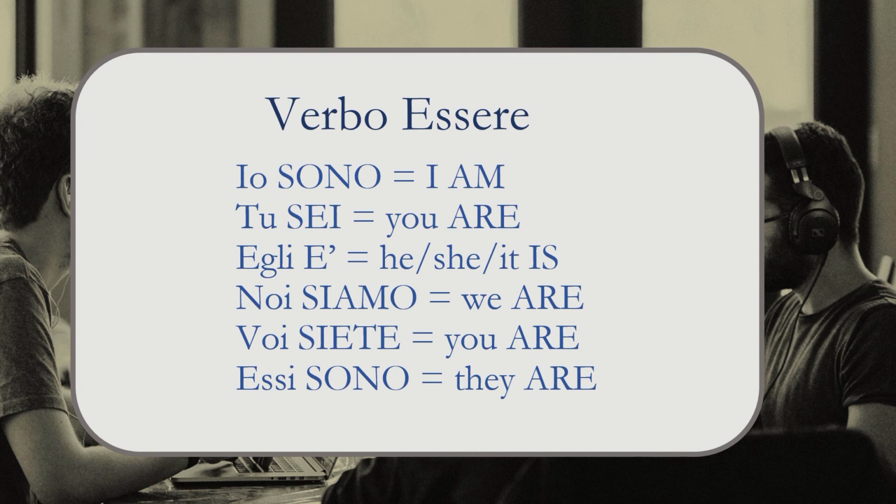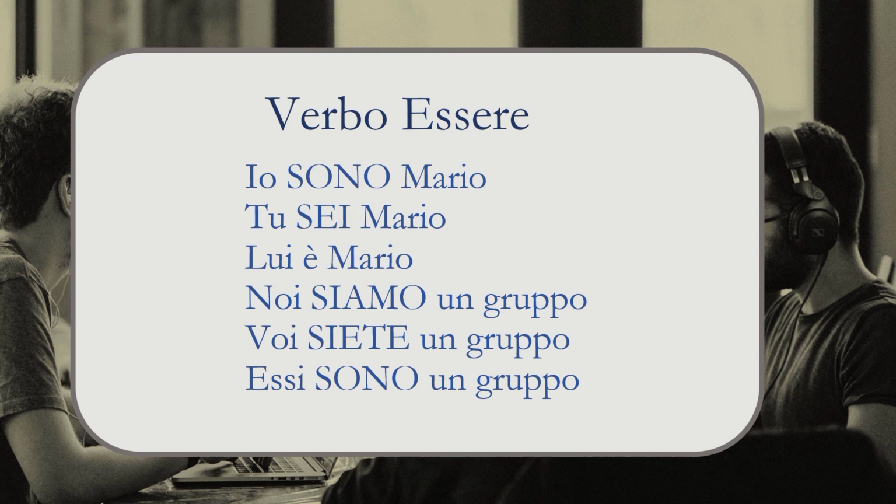So let's continue with some examples. Io sono, which means I am, Mario. Io sono Mario. Tu sei Mario. In English we say I'm 19 years old, but in Italian we can't say io sono 11 anni.